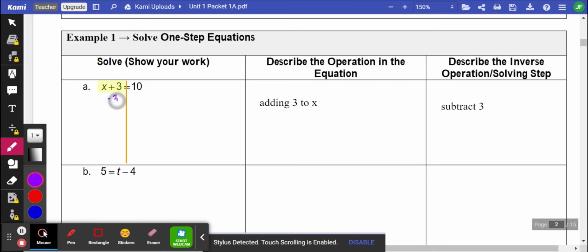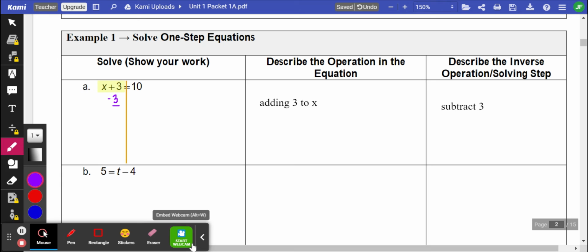If I subtract 3 from the left side, it makes the scale unbalanced, so we need to also subtract 3 from the other side. So the plus 3 and the minus 3 cancel each other out, so we're just left with that x there. Our equal sign stays on that line, and then 10 minus 3 is 7.